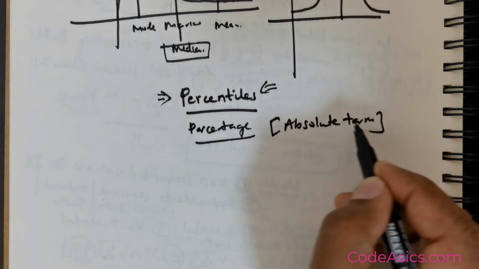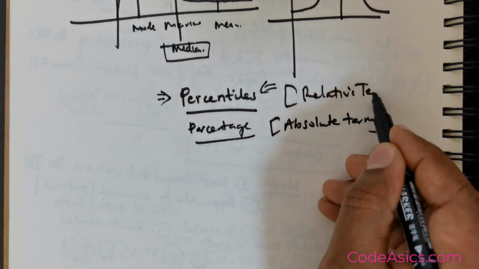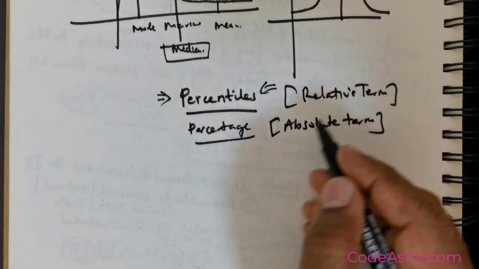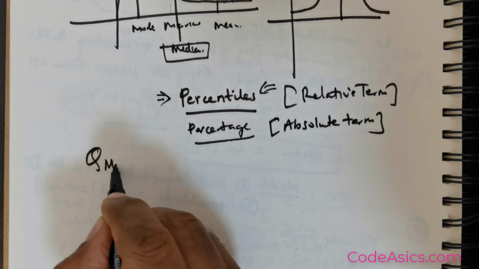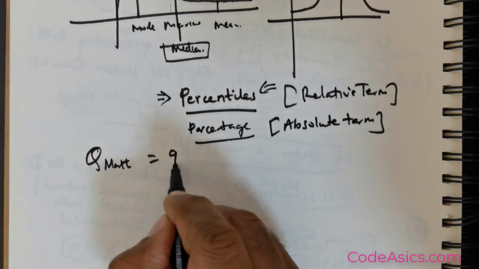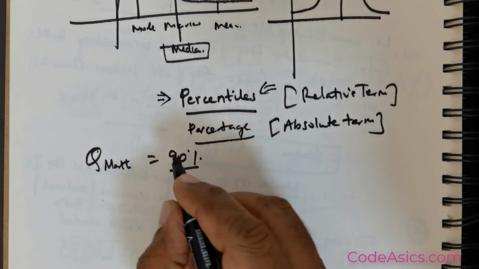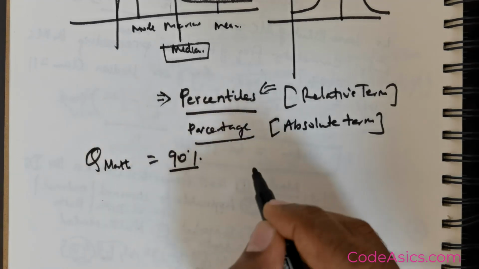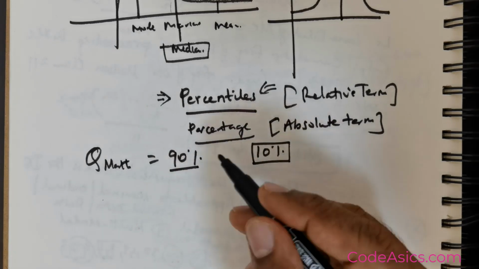This is an absolute term, and this is a relative term. Now what is the meaning between absolute and relative? Say you have a question paper in math, and a student says they got a 90% score in math. It means the student is unable to answer 10% of the paper.